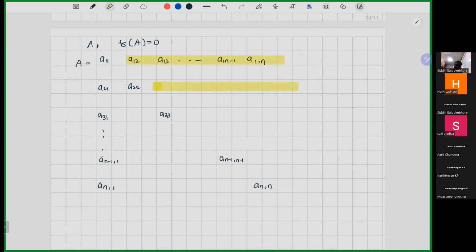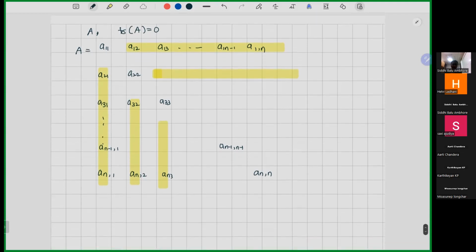So note that these elements, let me write here A32 and so on, and these elements here AN2, AN3, they do not interfere with the condition. Sakshi already said that it won't have, but then what exactly will be the dimension of this?